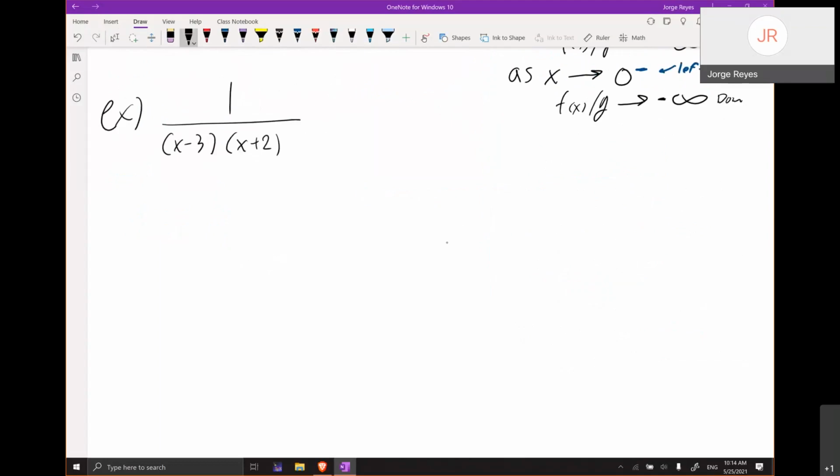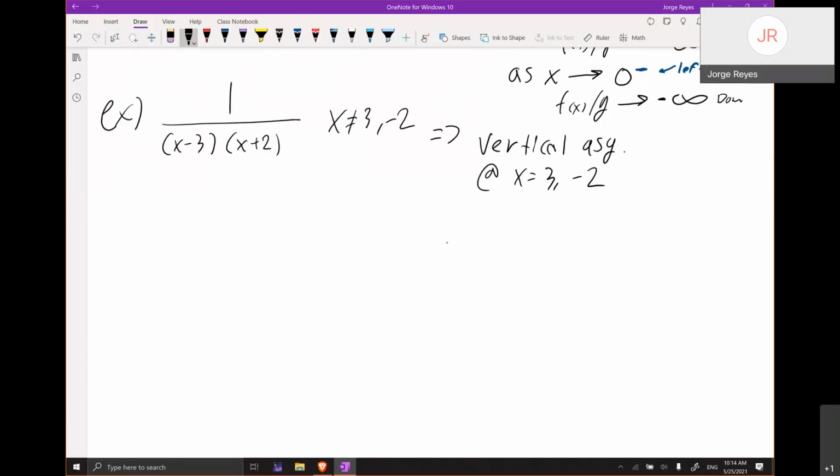Since it's already factored for you, you should know that the domain is x can't be 3 or negative 2. Those are the two parts of my domain that are missing. So automatically, you should know that you have vertical asymptotes. You have multiple. They are at x equals 3 and negative 2, because that's where the function blows up.